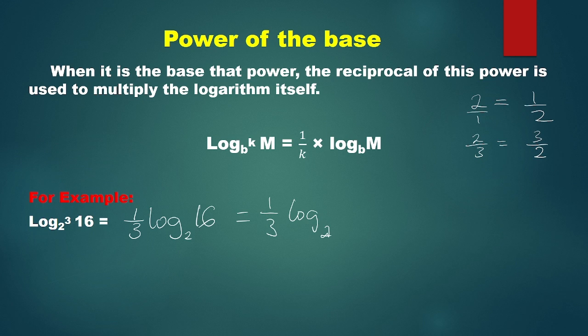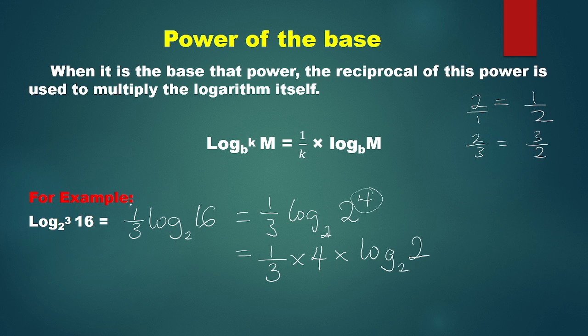Instead of writing down 16, I can write that as 2 raised to the power of 4, because 2 raised to the power of 4 is 16. And we talked about this, that if I have a log that has a power, I can use that power to multiply the logarithm. So I can write this as 1 over 3 multiplied by 4, using this power to multiply the logarithm itself, log 2 in base 2.